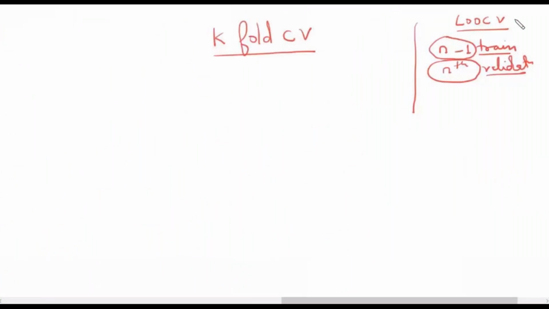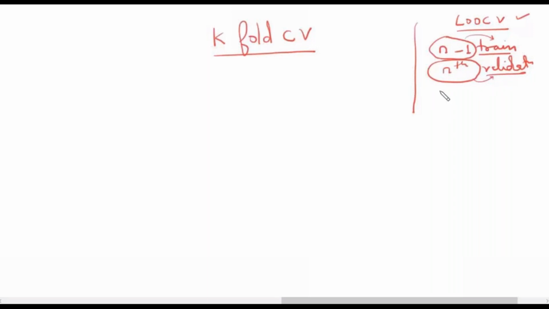Quick recap: we have seen leave one out cross validation in a previous video and the disadvantage of it. Leave one out cross validation, what do we do there? We take n-1 data points as the training data, and the nth data point we take as the validation data. This is one of the iterations, and we repeat the iteration by changing the data which goes into the validation data.